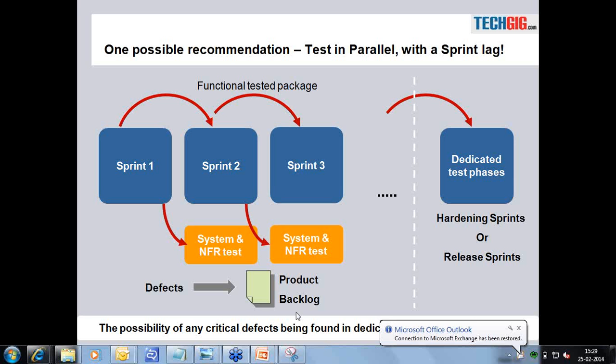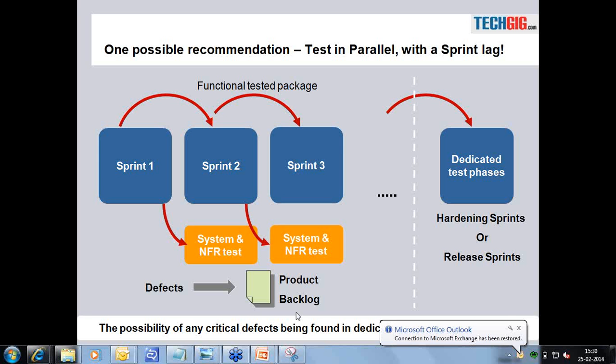These 4 bugs will go into the product backlog and can be prioritized by the product owner to be taken up in sprint 3. So that ensures that the critical defects and major defects which are found early on are addressed then and there, and they can also be verified in the future parallel test sprints, so to say.